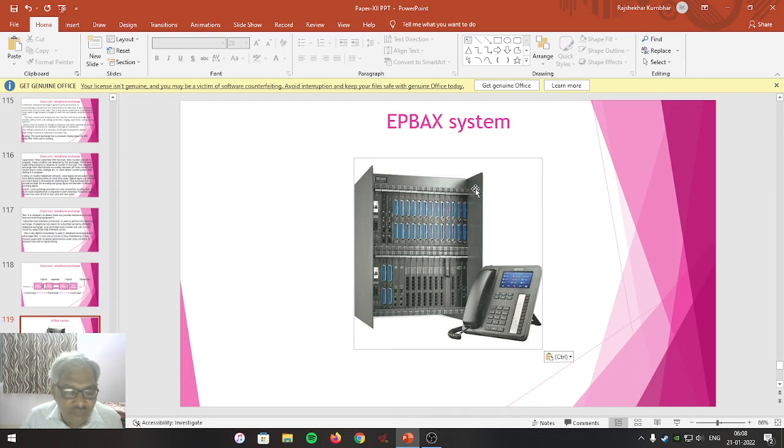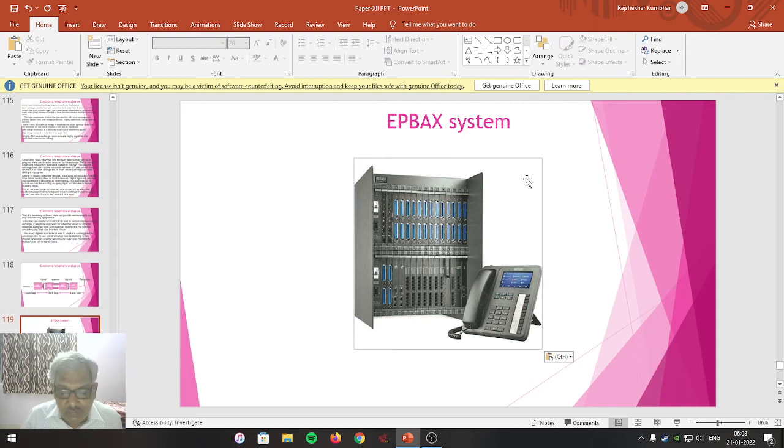If the volume of traffic is high, the company can get preferred rates by renting the use of private trunk circuits or tie lines between the various EPBAX systems, which are reserved only for their particular use.